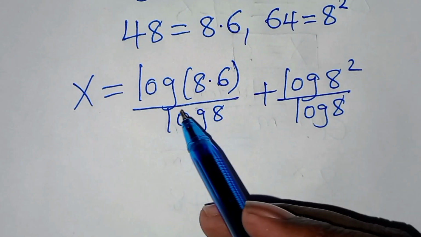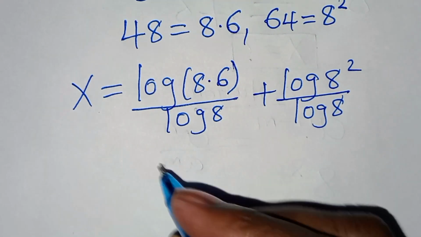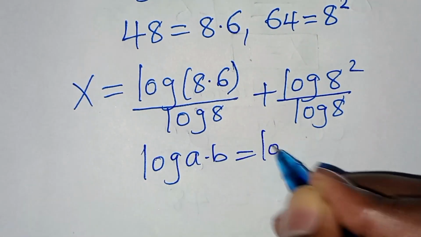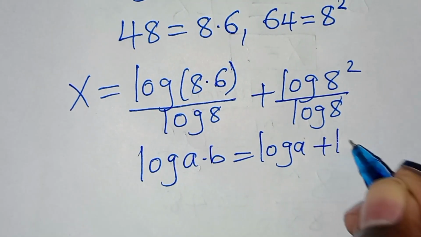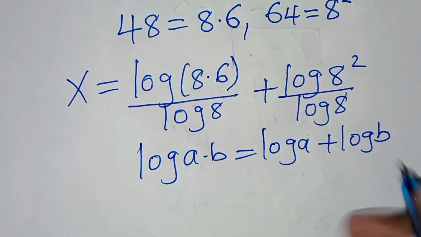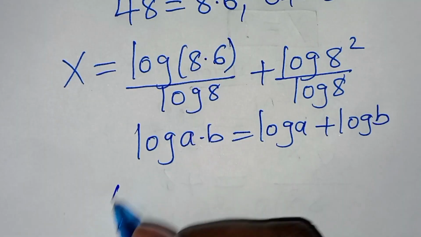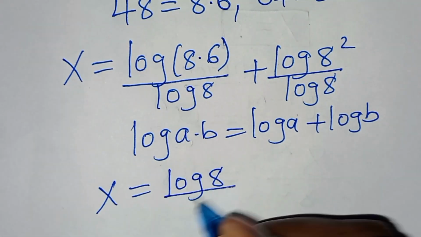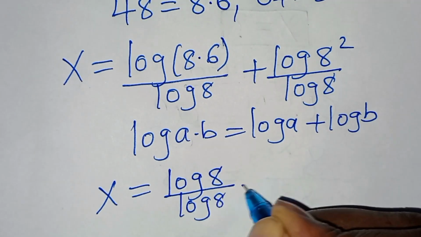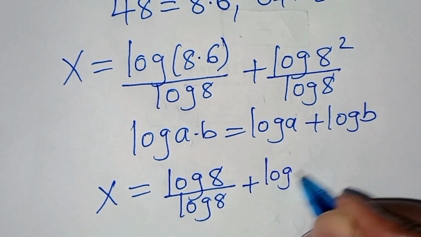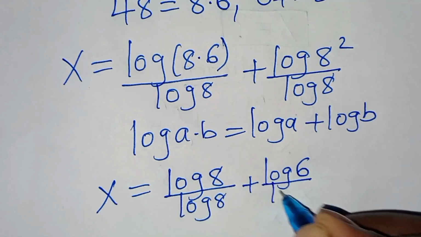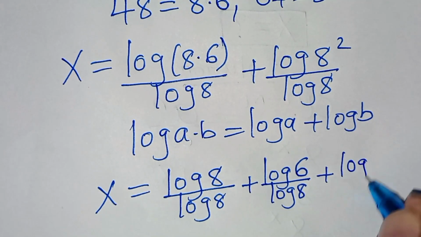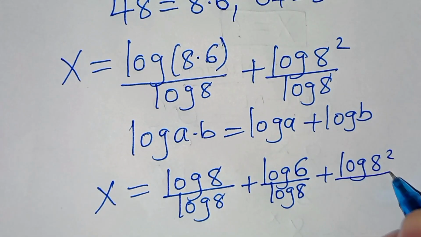Now log of 8 times 6 is in the form of log a times b, which is log a plus log b. Applying this property, x is equal to log 8 over log 8, plus log 6 over log 8, plus log 8 to the power 2 over log 8.